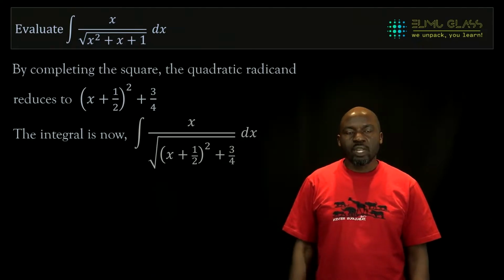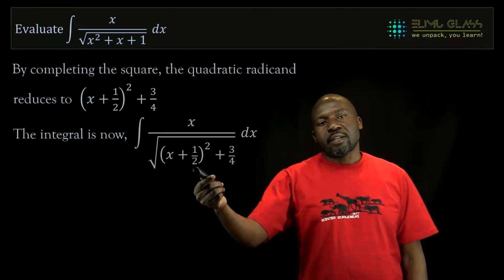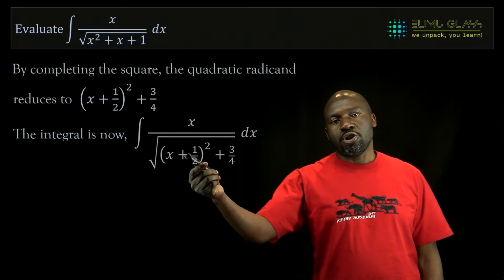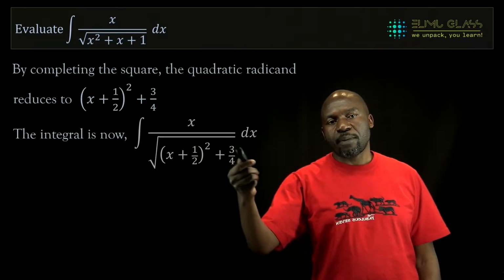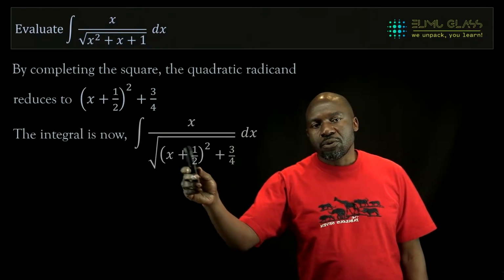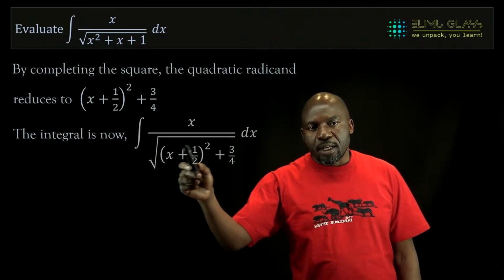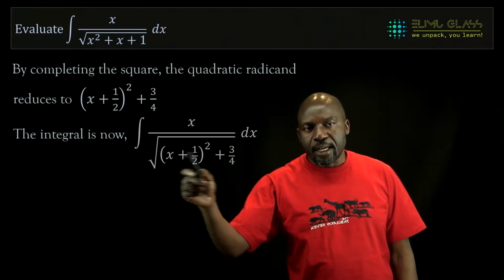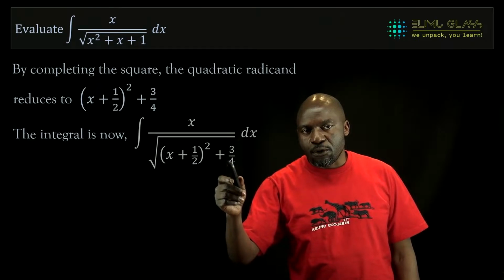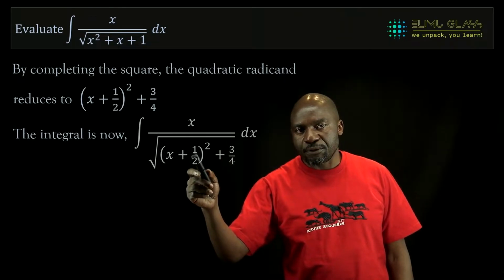By looking at this, I can tell that what I need is a tan substitution, so that I can have tan squared plus 1. So I'm going to choose my value appropriately, so that I end up with 3 over 4 tan squared of theta.